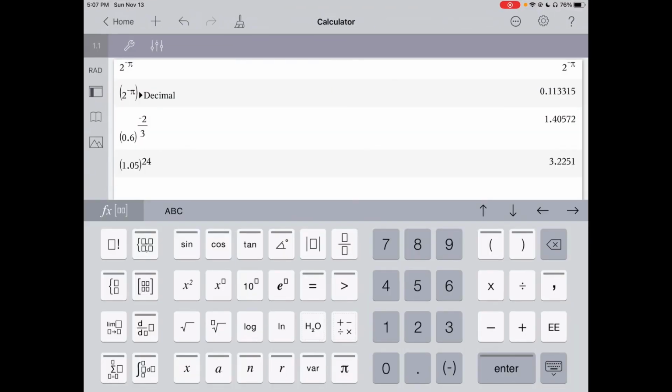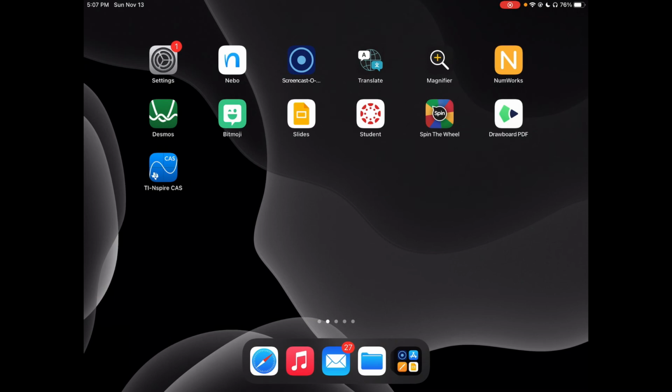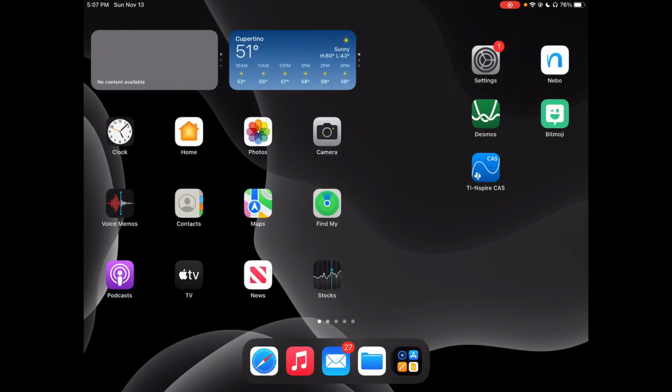The first one was e, so on my calculator, it's that button where it has e and then a little box. If you have a TI-84 Plus, why don't I just show you? Got mine right here too. Okay, so here's my calculator powered on.